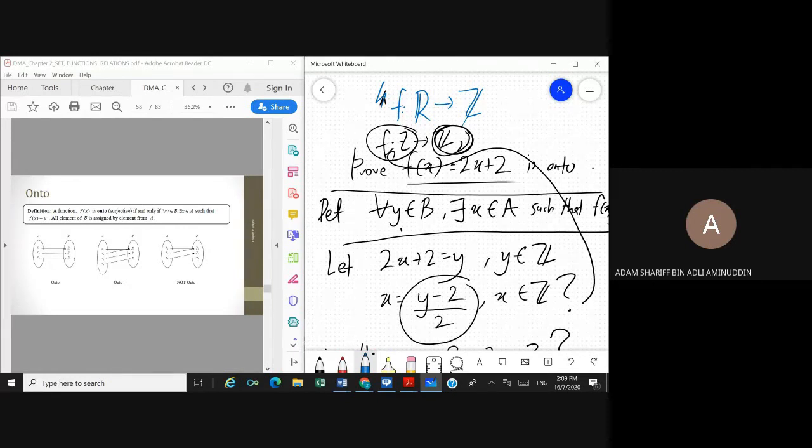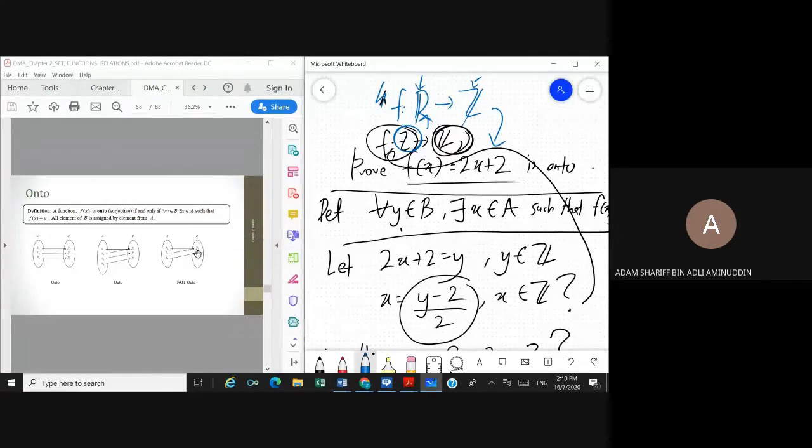For this kind of 2x + 2, it will be onto this time. But you prove it on your own later. Be sensitive with the domain and codomain. If I change this question, instead of Z here to R, this conclusion will be onto already. And please verify.